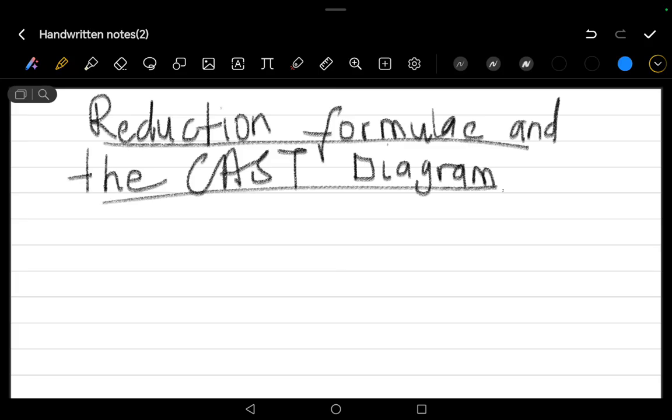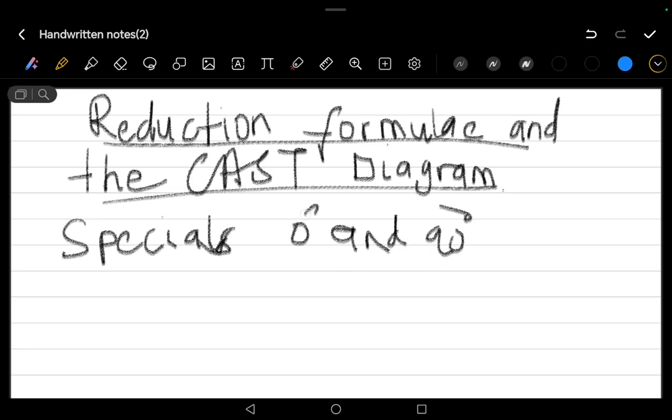Before that, I want you to know that until now we have worked with angles between 0 and 90. So our special angles were 0 to 90 degrees. Remember, it was 0, 30, 45, 60, and 90.